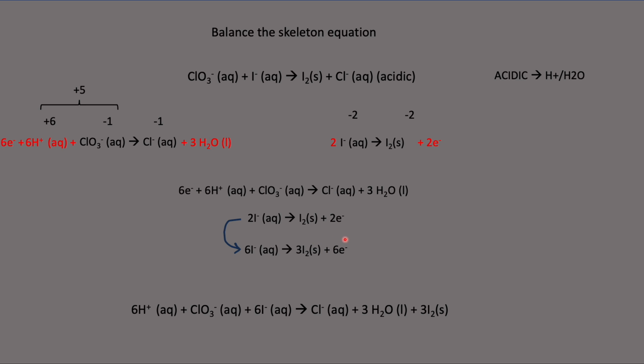This is gone, this is gone. Now all we're left with is the 6H plus with the chlorate and the 6 iodide ions. Here we have the chloride ion plus 3 waters plus 3 I2. So that is our combined, final equation.